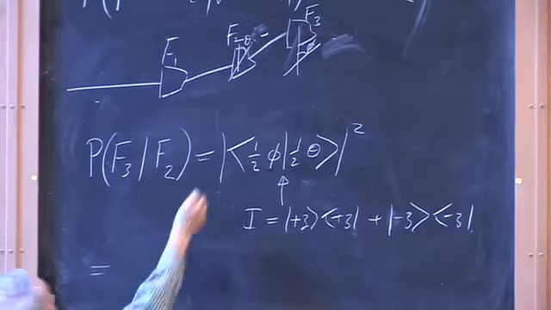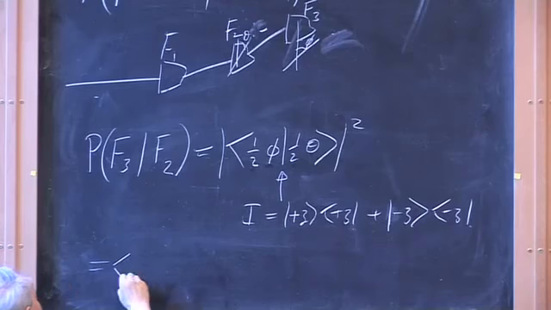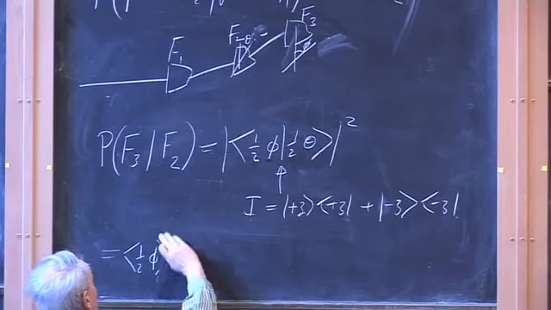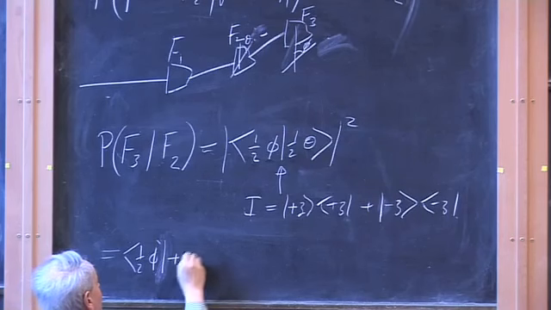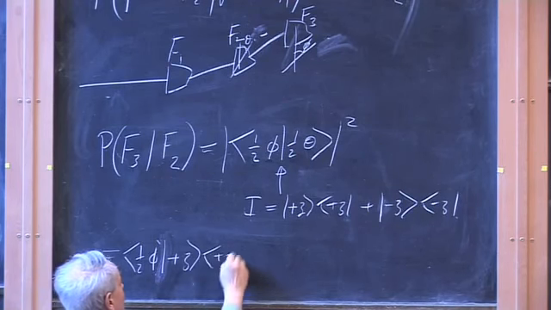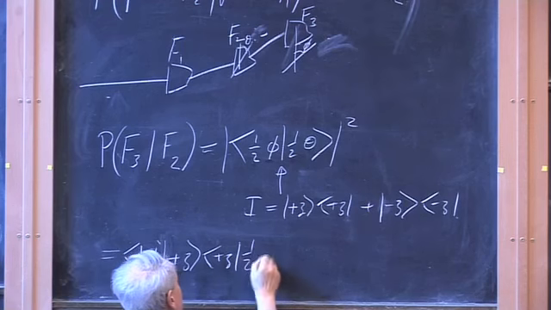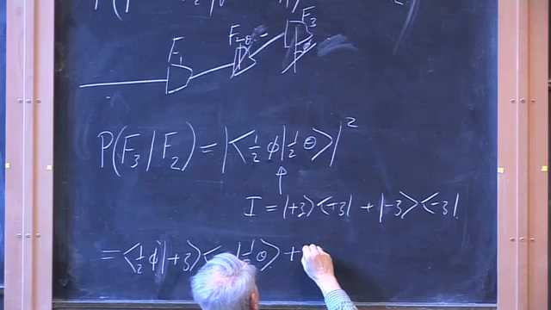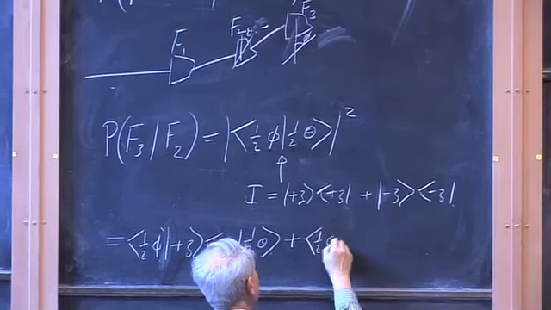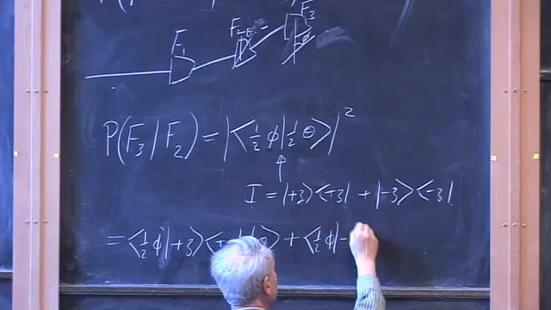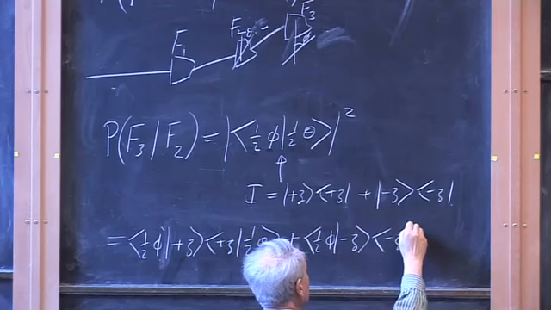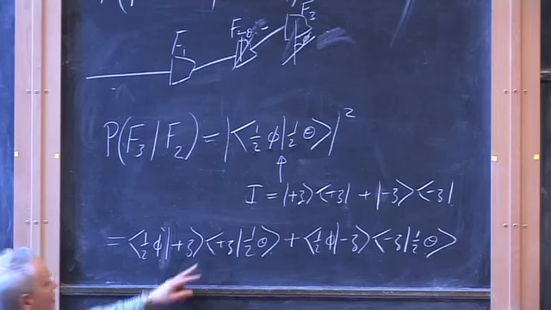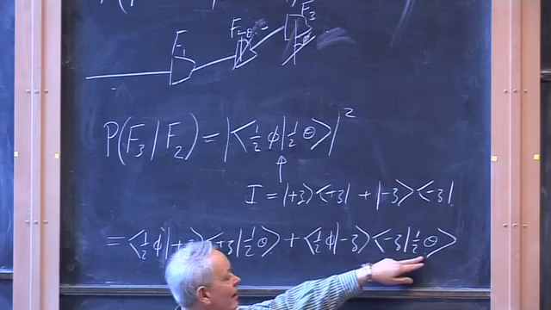So this thing that we're doing here is going to be a half phi plus z, a half theta, plus a half phi minus z, a half theta. Now these complex numbers we already know, we just calculated them, right?